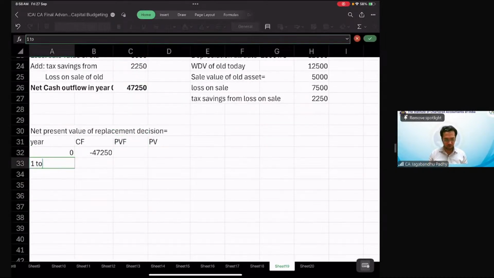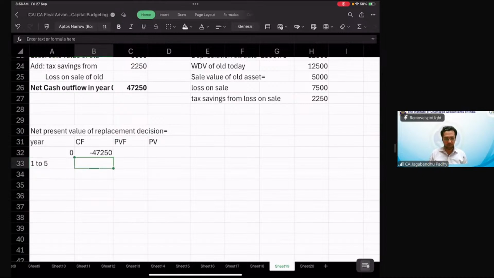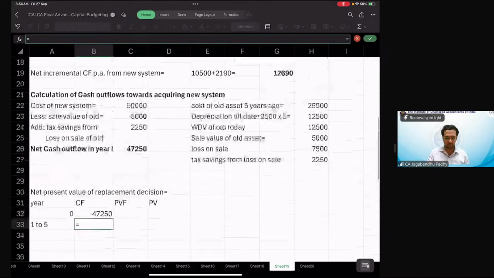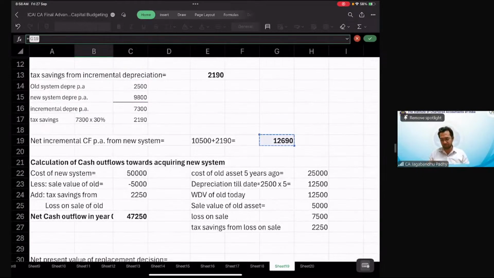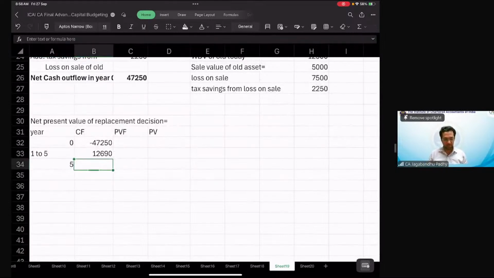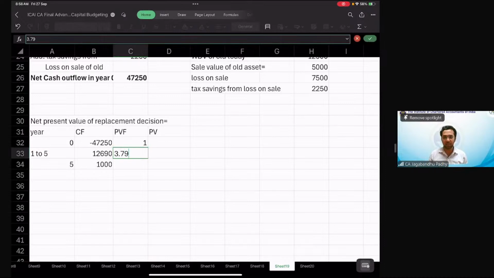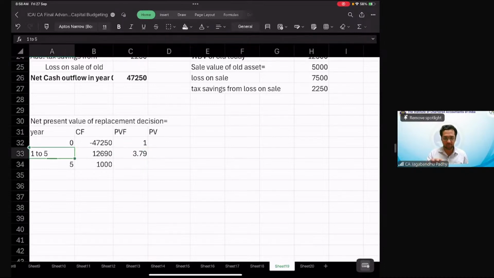Then from year 1 to year 5, we are going to have a cash inflow of 12,690, and then in the 5th year 1,000 cash flow. So PV factor over year 1, this was 3.79, right? PV factor, I mean present value annuity factor for 5 years.